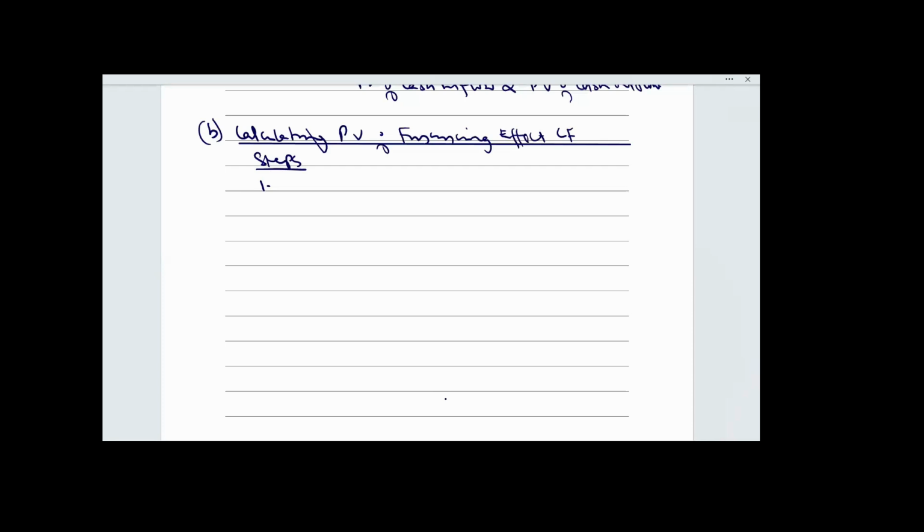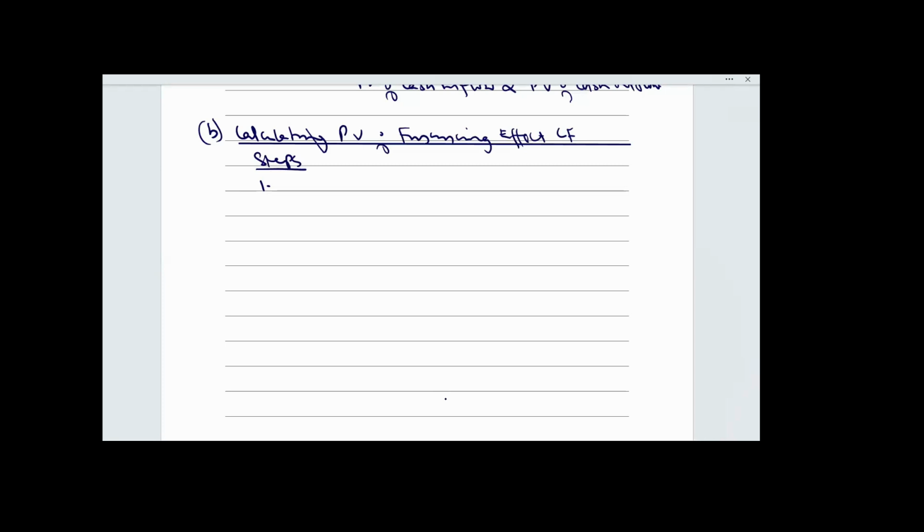Therefore, you are at liberty to either use cost of borrowing or risk-free rate of return. Usually, cost of borrowing will be higher than the risk-free rate of return. I will advise you on the day of your exam, always use cost of borrowing as your discounting rate for the cash flow arising from financing.